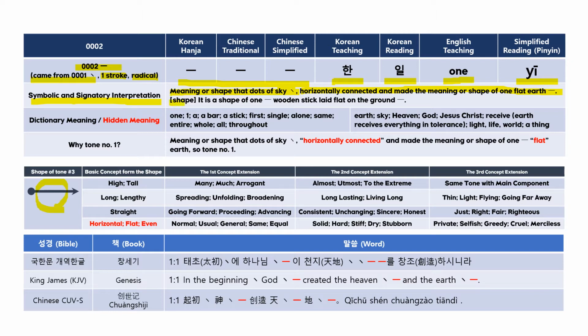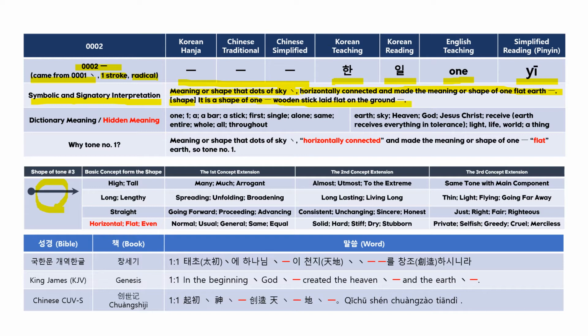We have learned the Chinese characters through shape. So in this case, it is the shape of one wooden stick laid flat on the ground. Anyway, whichever way you go, you can remember the meaning of this character.